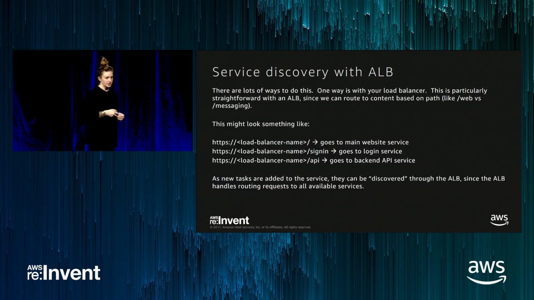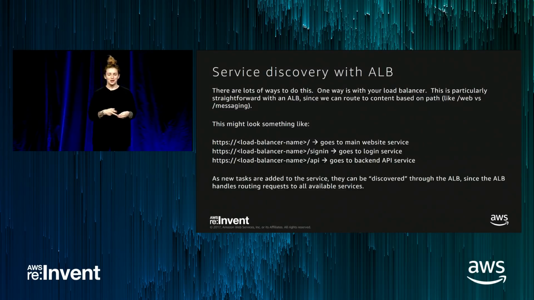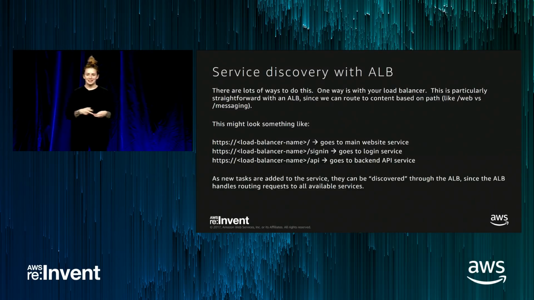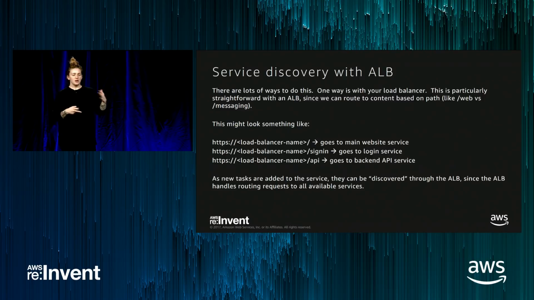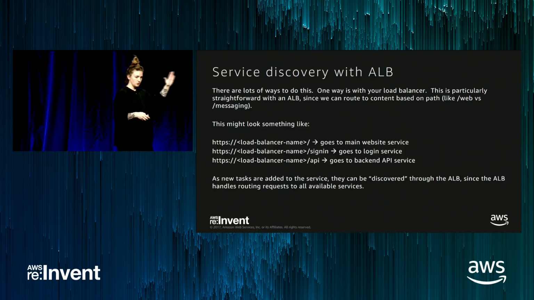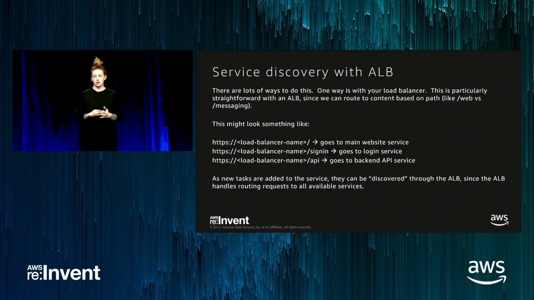Something really common that I think everyone gets asked is, but how do I do service discovery? The recommendation that I used to give was to do it through DNS records, and we'll get to that in a second, but I think actually ALB is probably easier now. I can route my content based on path, which you talked about when we were looking at the load balancer.